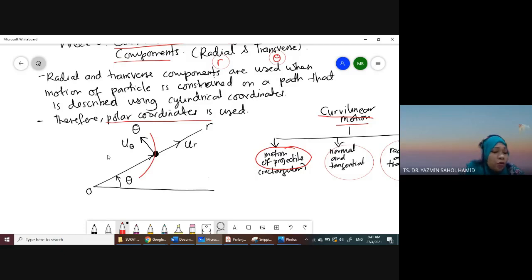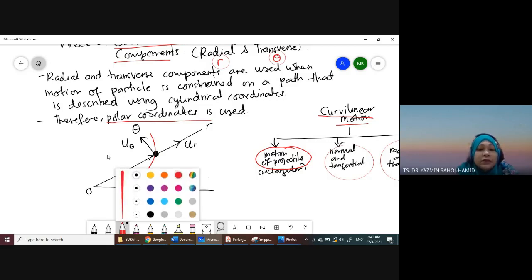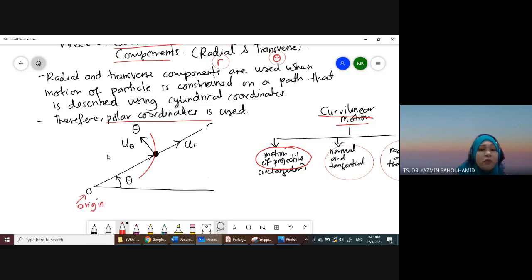With polar coordinates, we can specify the location of the particle using these coordinates, r and theta. The coordinates r and theta extend from an origin, which is at point O here. Can you see? This is point O, the origin.